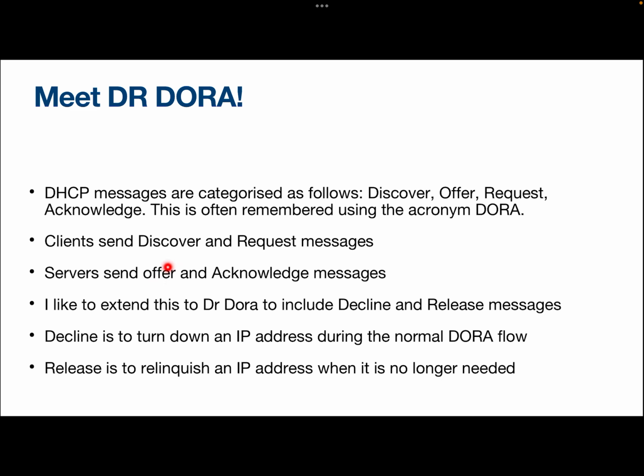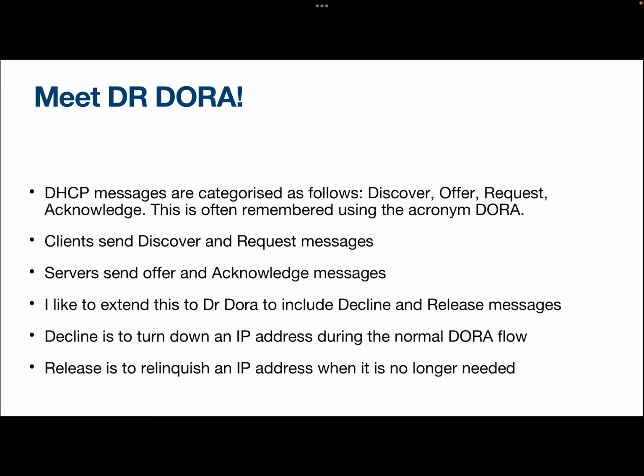Then that offer gets back to me, and then a request from the client is sent back to the server, saying yes, I want the IP address, please lease it to me. And then the server actually sends the IP address in an acknowledge message. Thus a 4-message flow there.